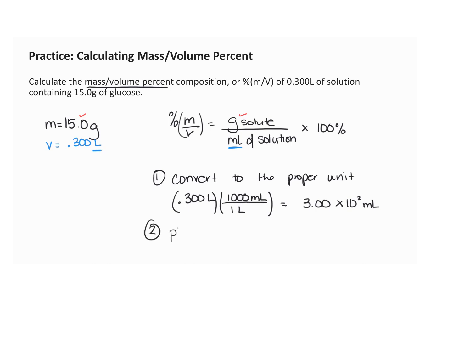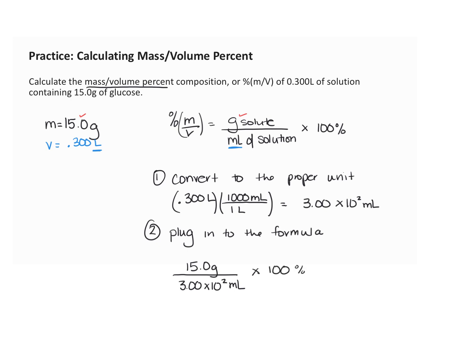The next thing we need to do is plug into the formula. We have 15 grams. We are going to divide this by 3.00 times 10 to the second milliliters and multiply that by 100.